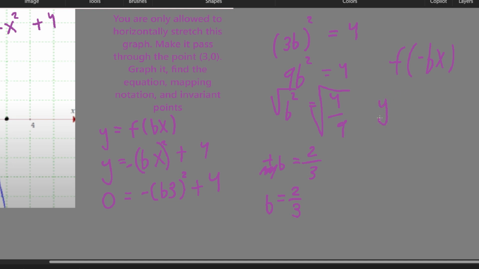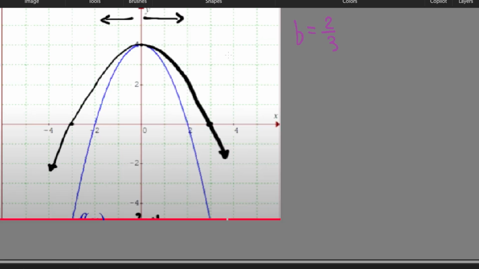So yeah, the equation is y is equal to -(2 over 3 x) squared plus 4. So you may be wondering, wait, if b is 2 over 3, why are the x values getting bigger instead of smaller?